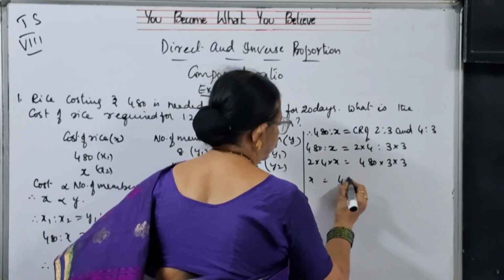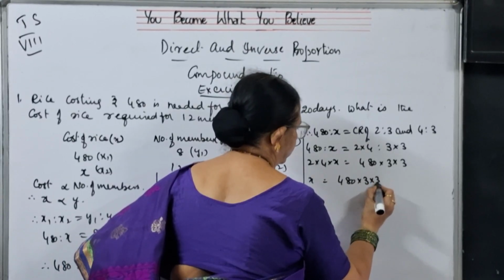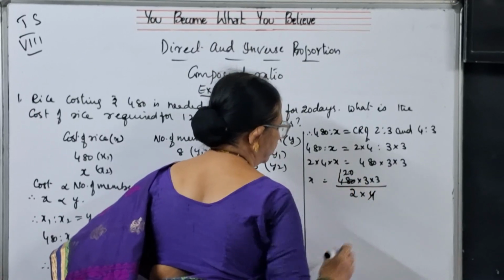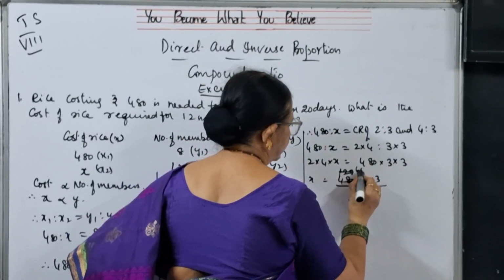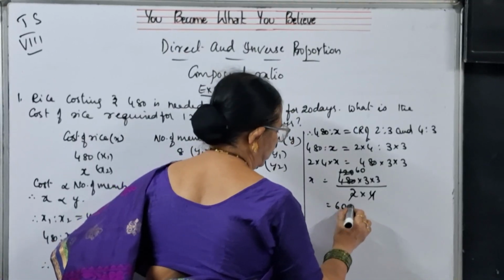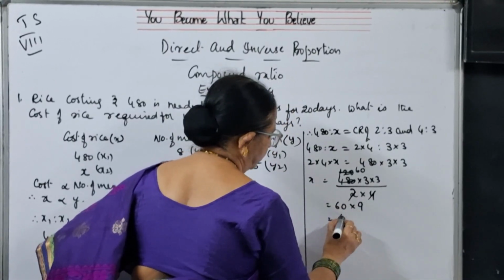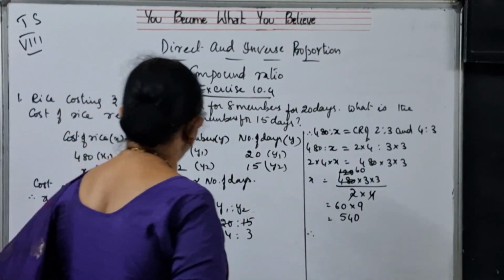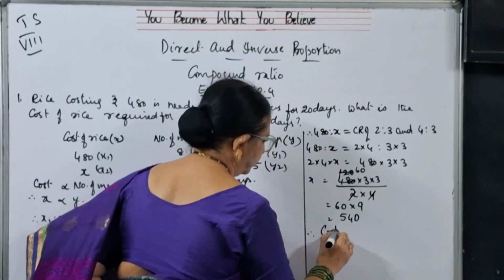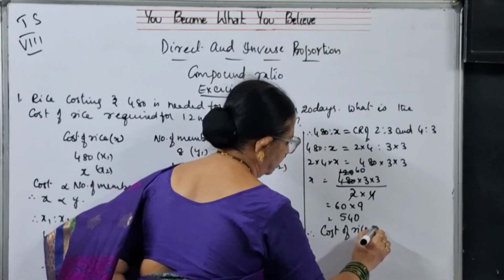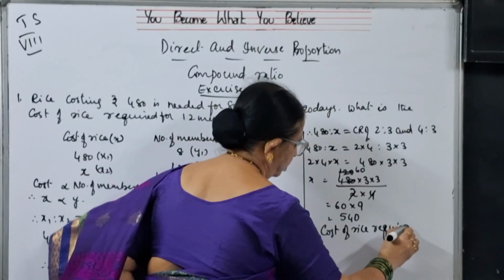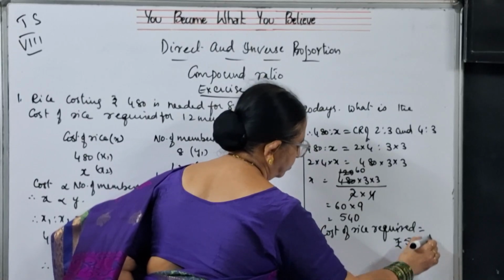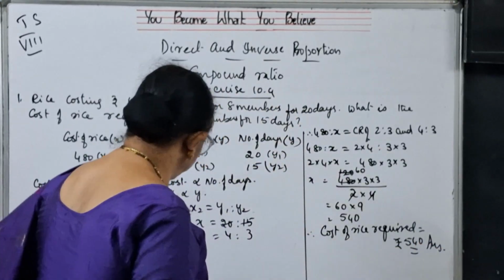So x is equal to 480 into 3 into 3 by 2 into 4. 4 ones are 4, 4 twos are 8. 2 ones are 2, 2 sixes are 12, 0. That means 60 into 9, 540. Therefore, cost of rice required is equal to rupees 540. This is the answer, children.